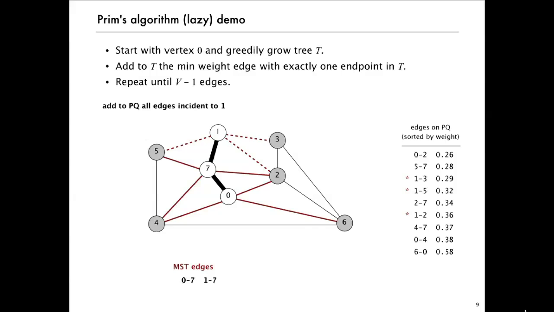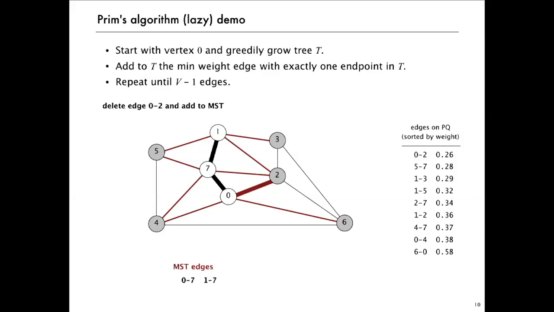So that's what the asterisks are, the new edges on the priority queue. And again, we keep them sorted by weight. So now what we want on the priority queue is to be sure that every edge that connects a tree vertex to a non-tree vertex is on the priority queue. We might have a few others as well, and we'll see that in a second.